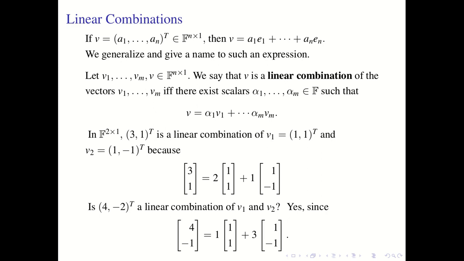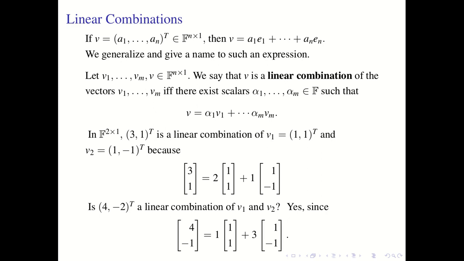This concept of writing a vector v as a sum of scalar multiples of a set of vectors is called linear combination.